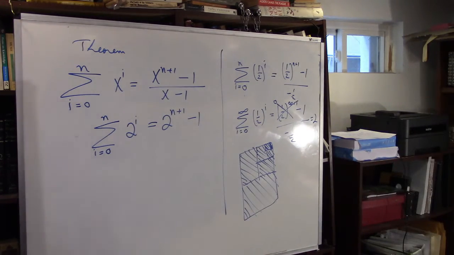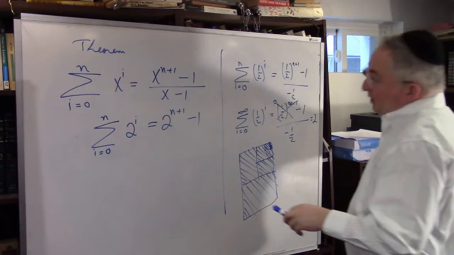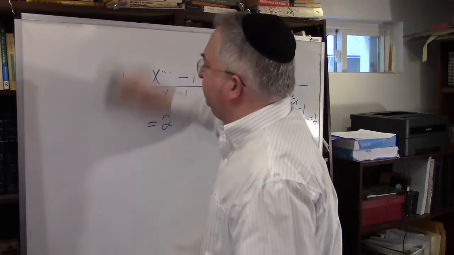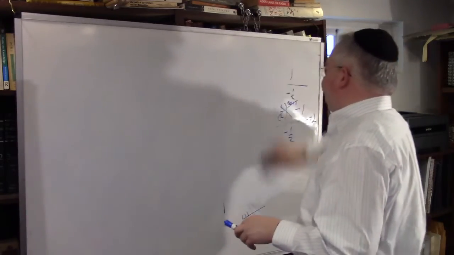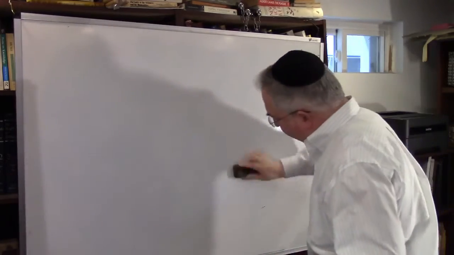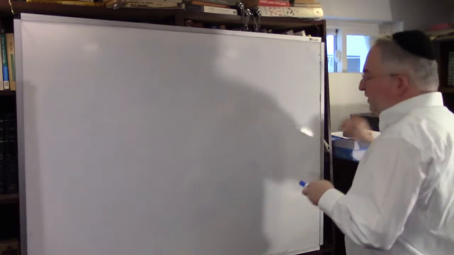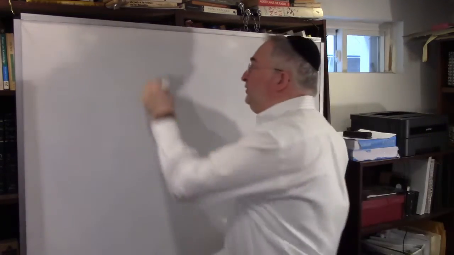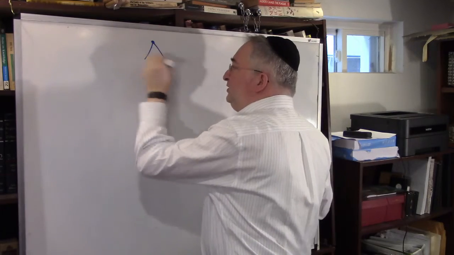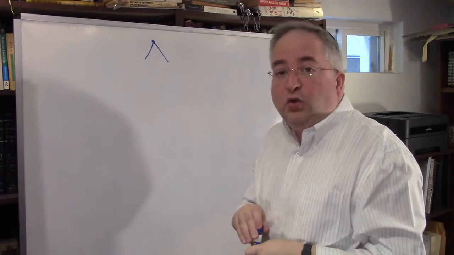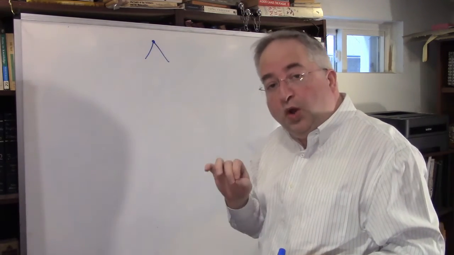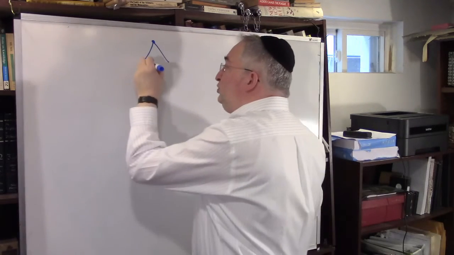Okay, one more page about trees, binary trees. We're going to spend a lot of time with binary trees. Let's just remember what a binary tree is. It's a tree where every node can have 0, 1, or 2 children.